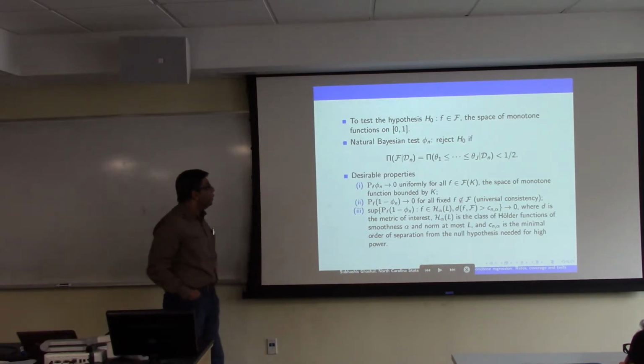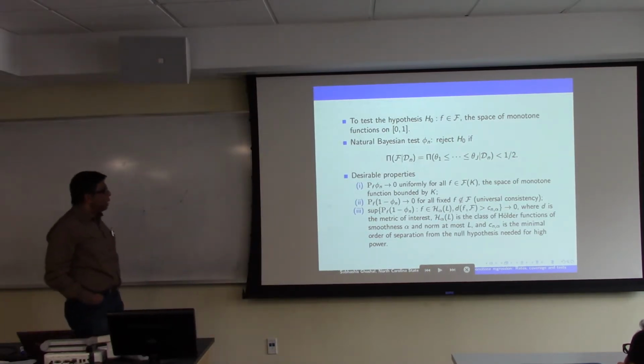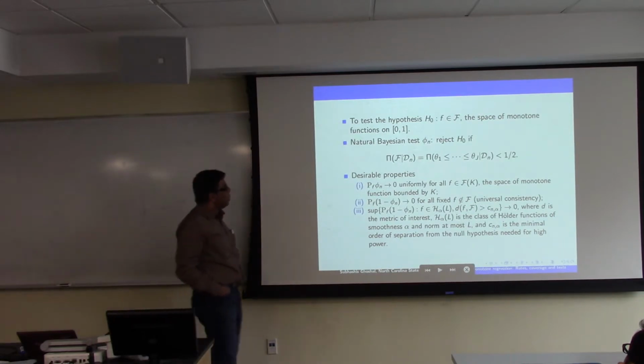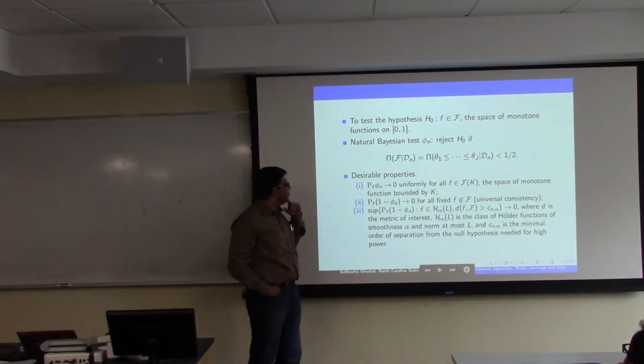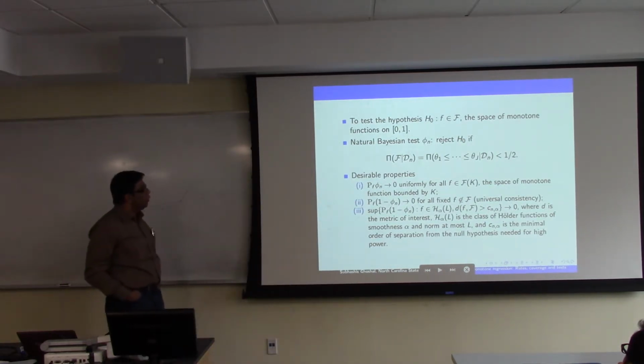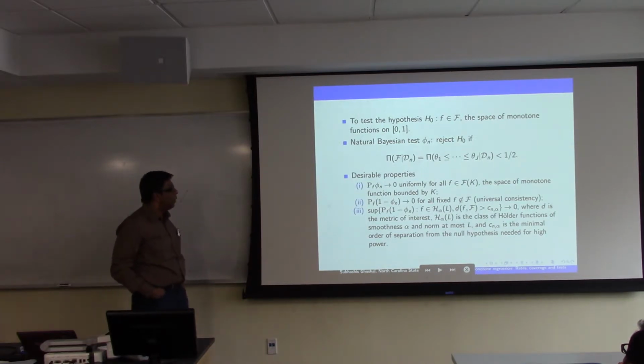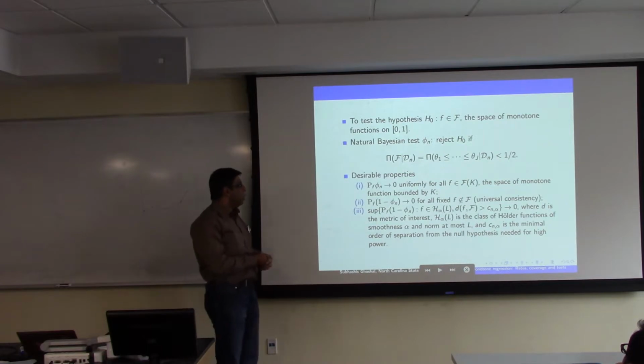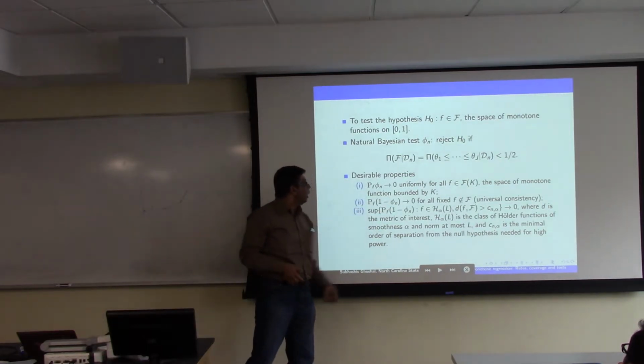And what are the properties you would want? With a large sample, you want this test to have type 1 error probability going to 0 uniformly over, well, you cannot have uniformity over all monotone functions because that's non-compact, but over some reasonable compact subsets of monotone functions.